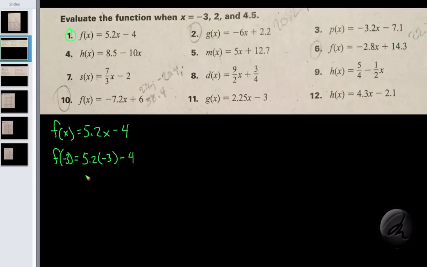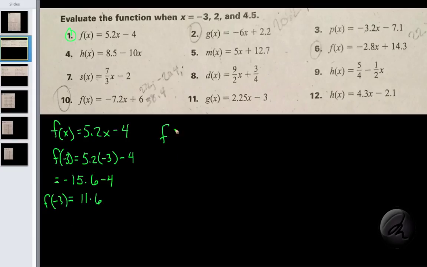PEMDAS dictates that I do my multiplication first, so that's 5.2 times -3, which is -15.6, and then minus 4. So my final answer is -15.6 minus 4, which is -19.6. That is the answer for f of -3 for this particular equation.